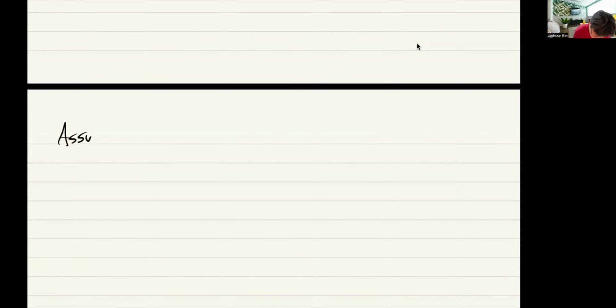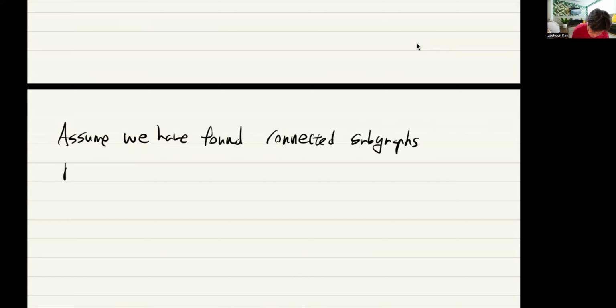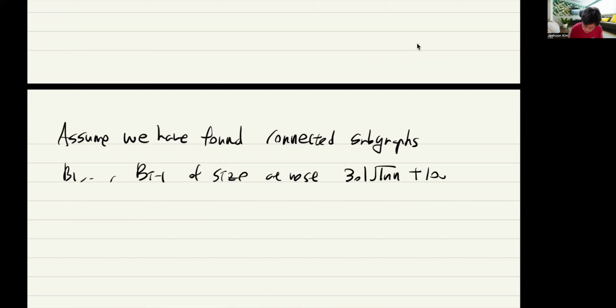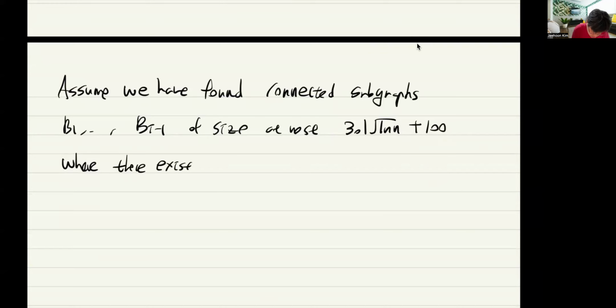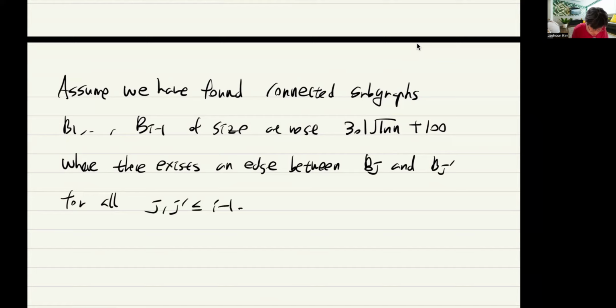So how? Assume we have found connected subgraphs E1 to E(i-1) of size at most 3.1 square root of log n, say, plus 100, where there exists an edge between Pj and Pj' for all j and j' at most i minus 1.